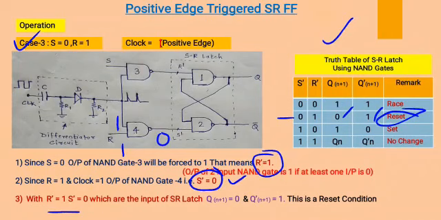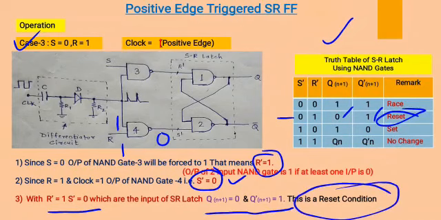Therefore with R dash 1 and S dash 0, which are the inputs of the SR latch, the output will become Q 0 and Q complement 1, which is a reset condition. So we can say that when S is 0 and R is 1 and if a positive edge of the clock appears across the flip-flop, then the outputs of the flip-flop get reset, meaning Q will become 0 and Q complement will become 1.